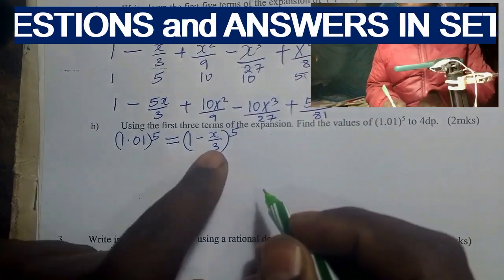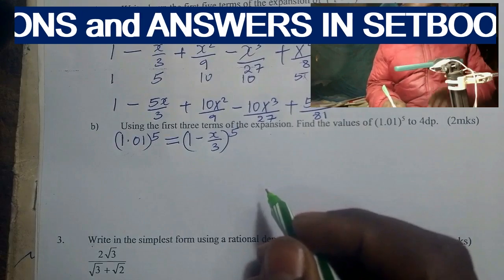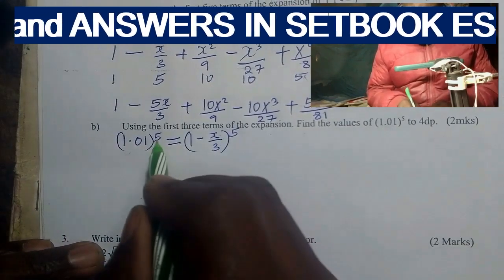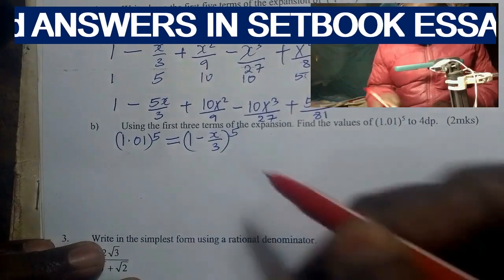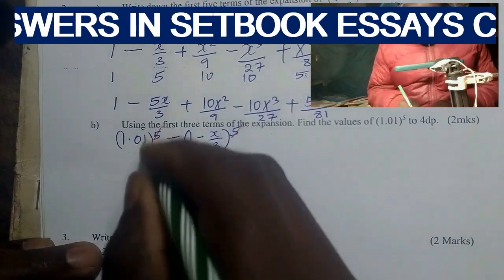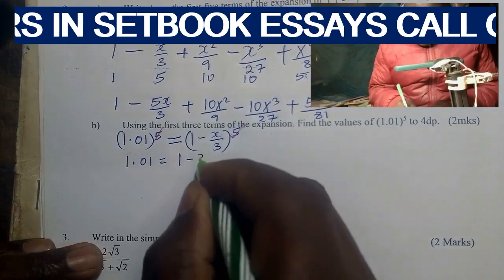Because we are going to use this expansion to solve this, they are related. We want the value of x, and the powers are both 5, so cancel them out. So we remain with 1.01 is equal to 1 minus x over 3.